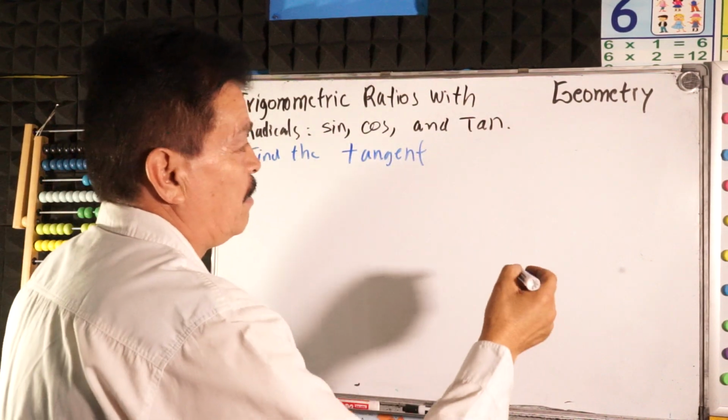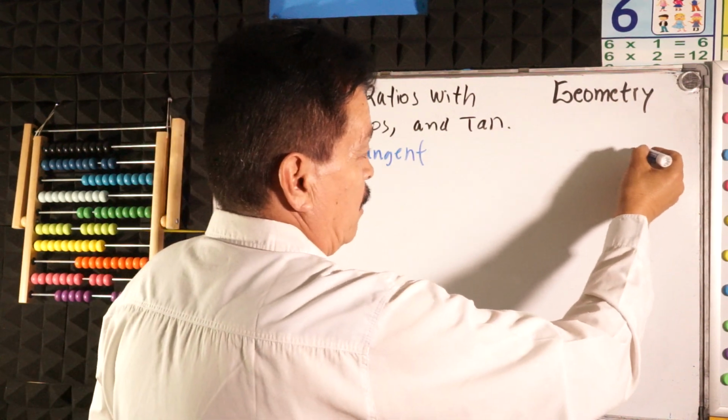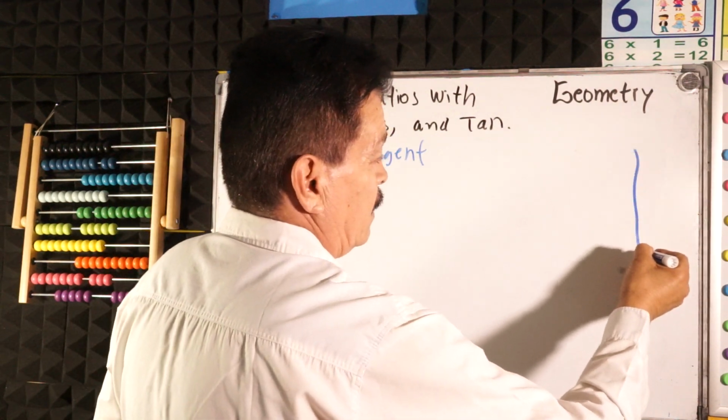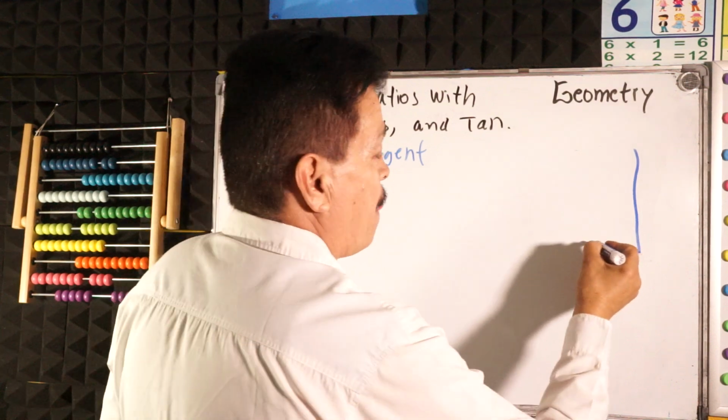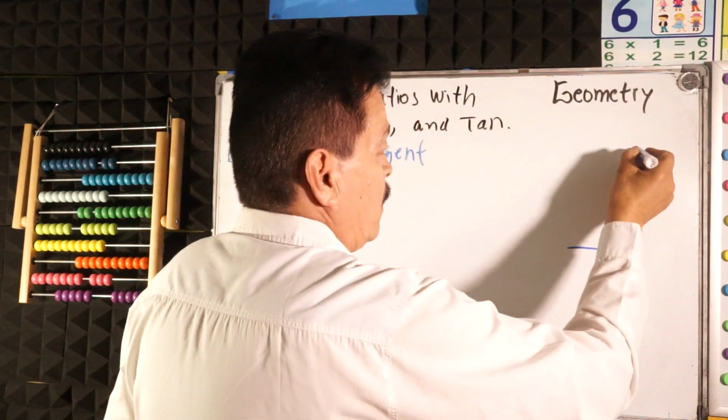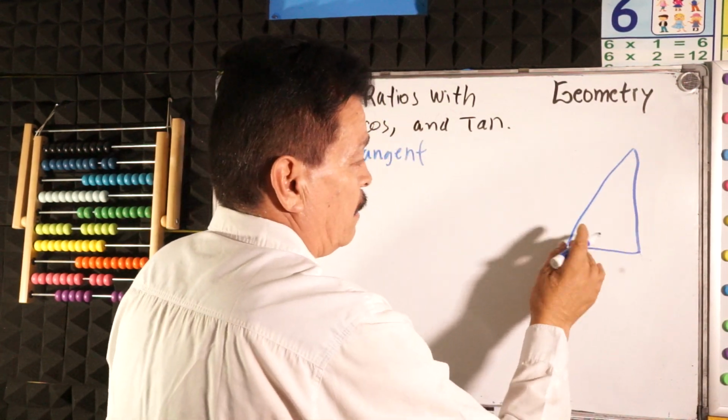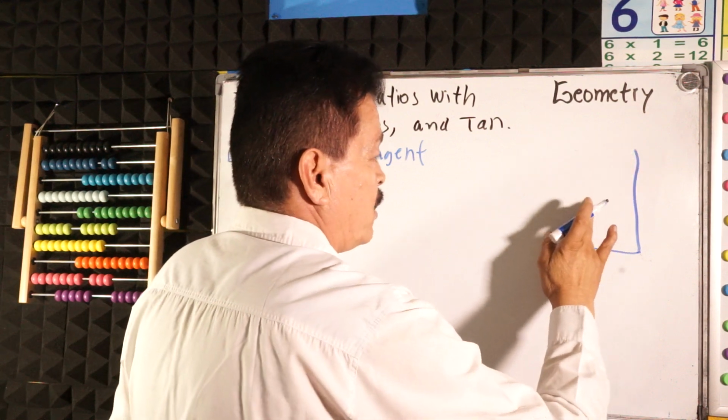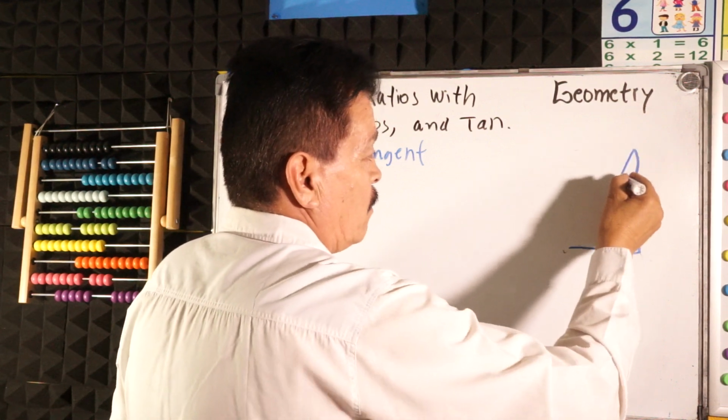Okay, let me make a picture of my triangle. My triangle is right here. Remember, we have to be sure that your triangle is a right triangle.